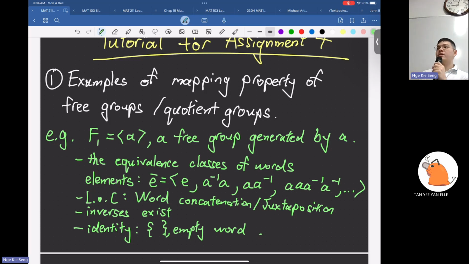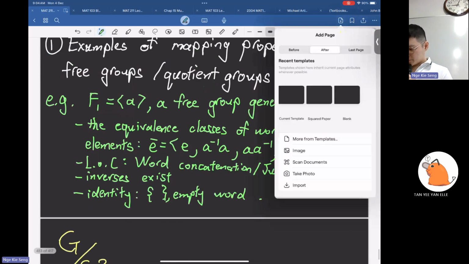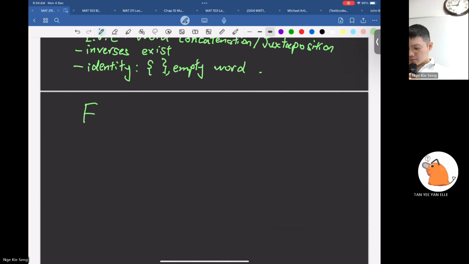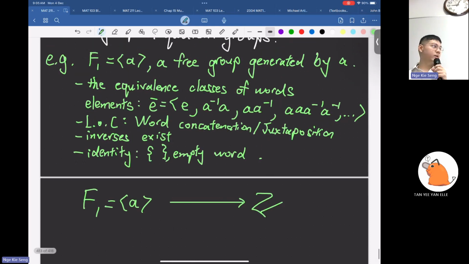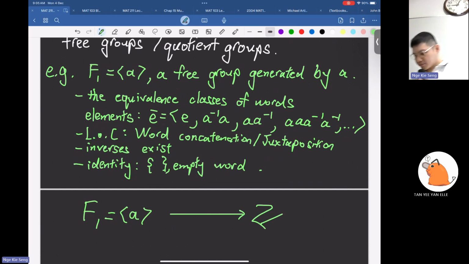Let's say we want to map from a free group. What do you need to do? Let's say we want to map the free group generated by A to a group, say Z. Two of these are groups. On the right hand side is Z, which is a group under addition, and the left hand side is also a group, the free group, which are the equivalent classes of words.